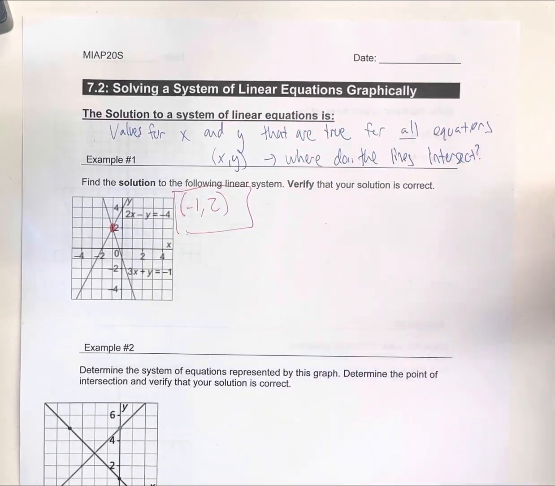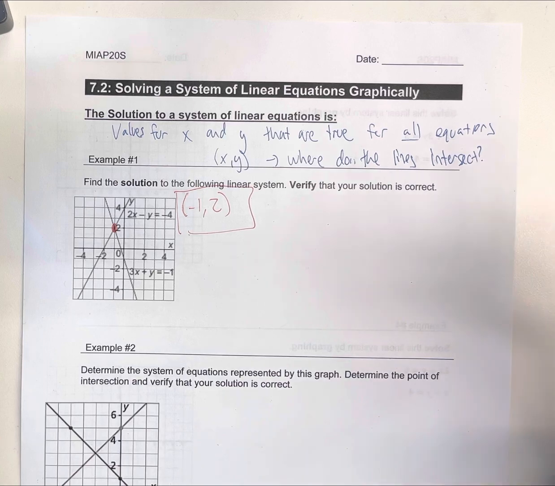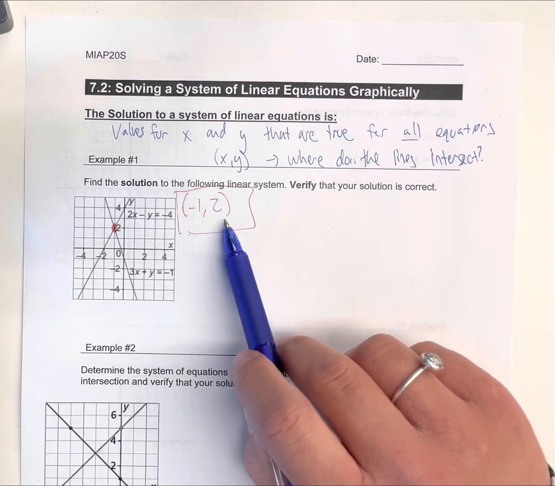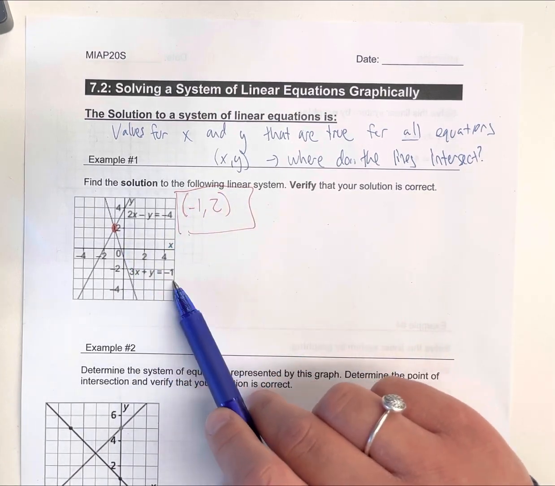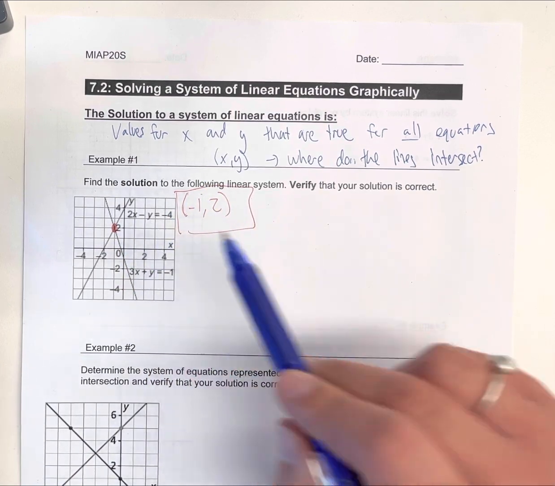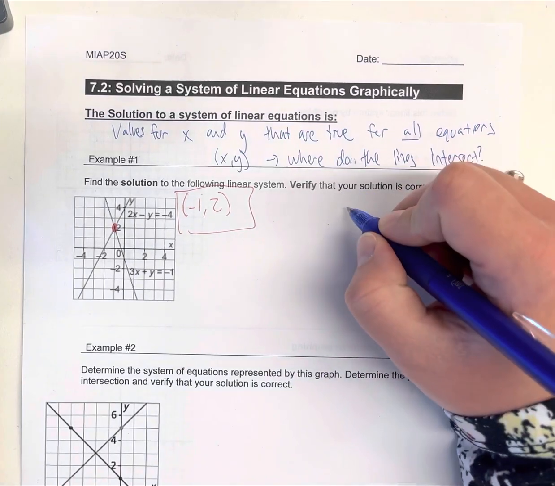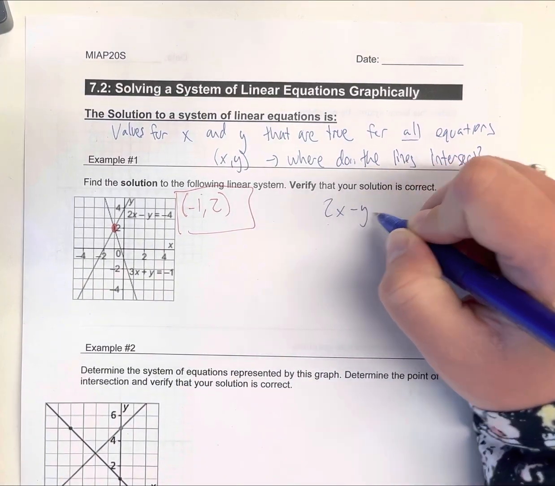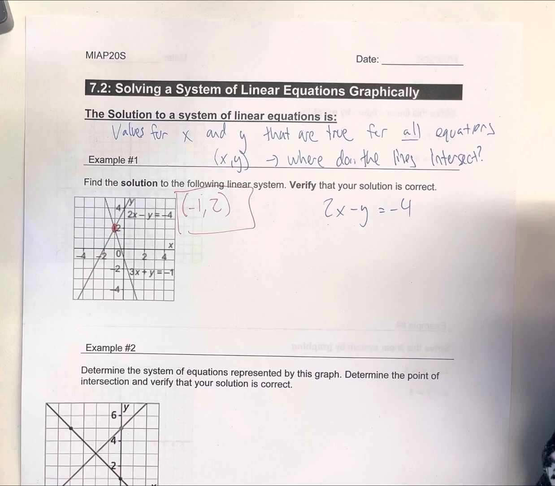They also asked me to verify that my solution is correct, so I'm going to do that over here. What we're going to do is double check that this point works for each of these two equations. So I'm going to write down the equation, substitute this point in, and just double check that it still works. If it doesn't work, then something has gone wrong, and that is not a solution.